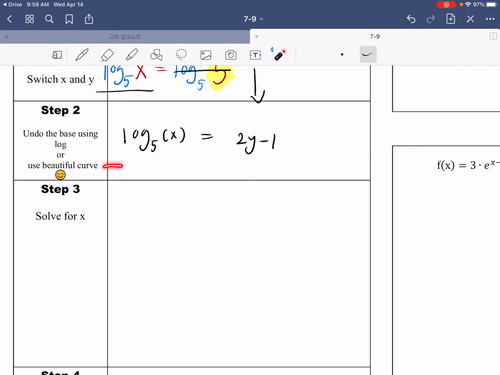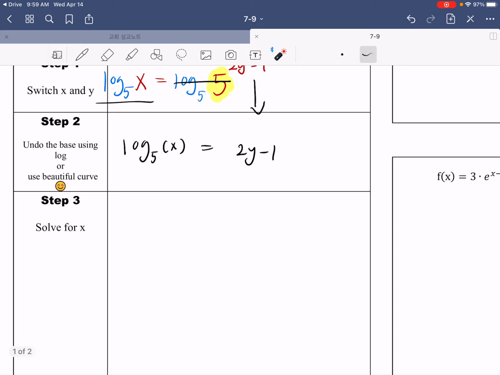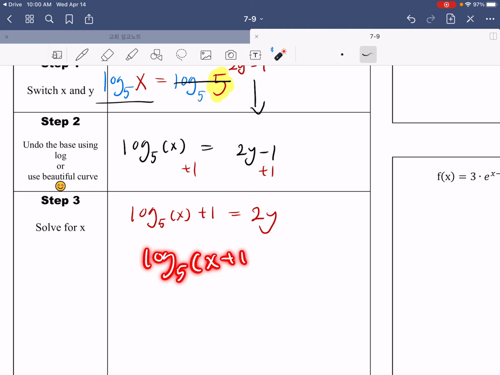Now, the only thing that we have to do is to solve for y. As you can see, you can use a beautiful curve, which I don't recommend because if you use it, you're going to get confused at this step, okay? Here we go. Plus 1 on both sides. So it's going to be log base 5 of (x) plus 1 equals 2y. The reason that I put parentheses here is because if you don't, you may confuse this one with this one, because these two are not the same thing, okay?